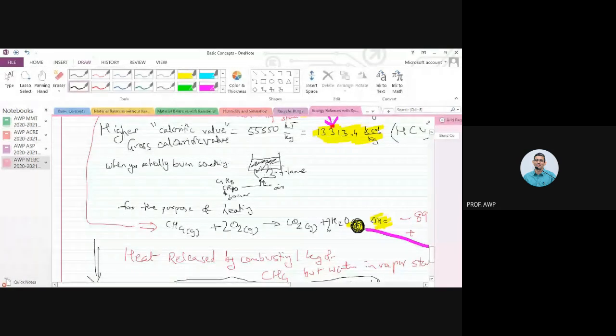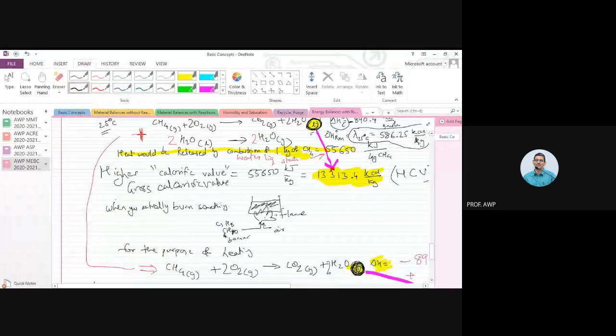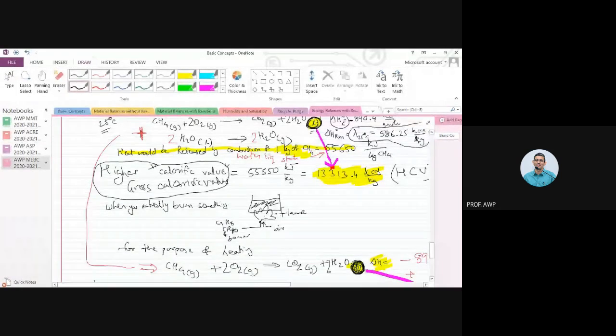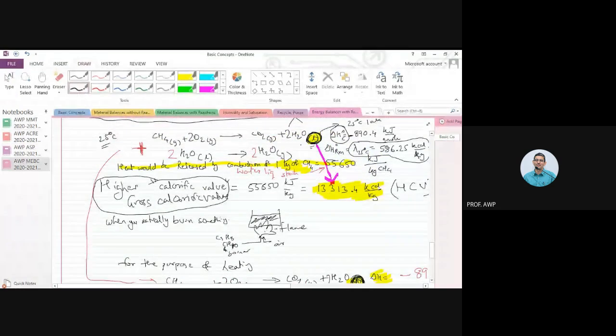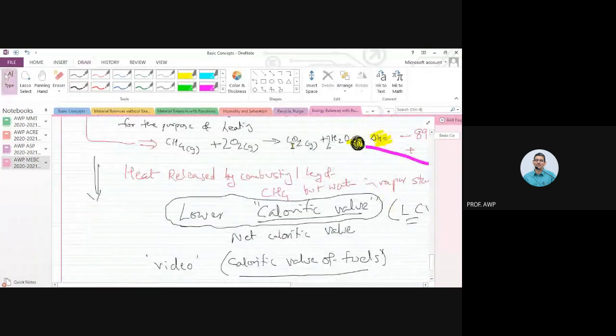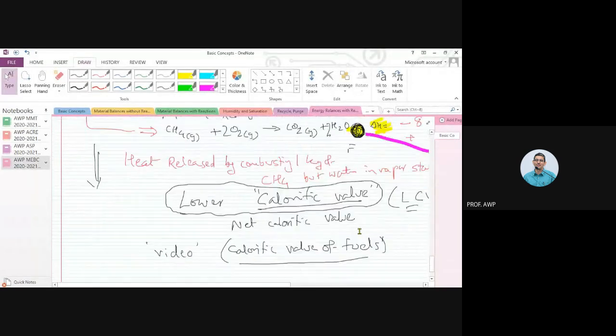And that's called calorific value. Calorific value per kilogram, per meter cube. Higher calorific value when water is in the liquid state, lower calorific value when water is in the gas state. Or gross calorific value and net calorific value.